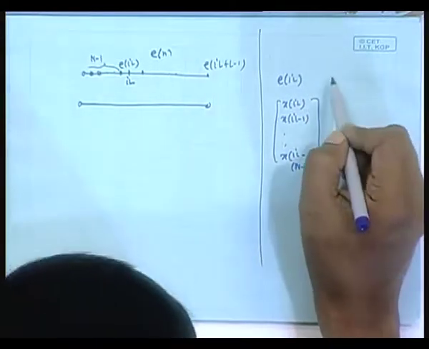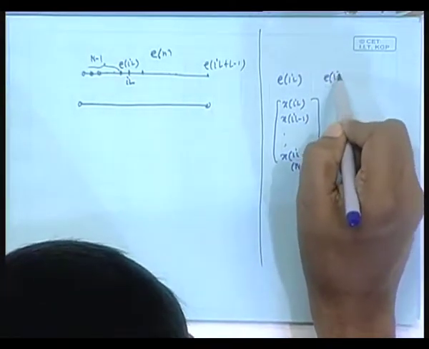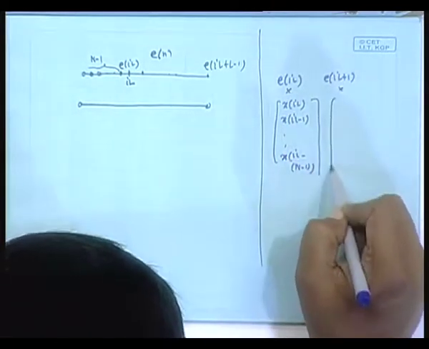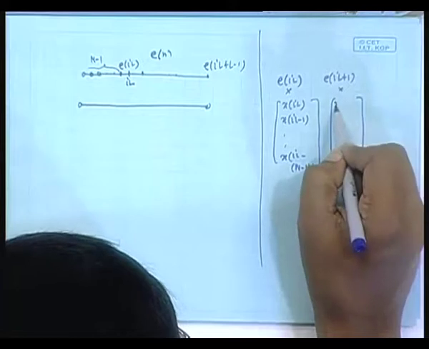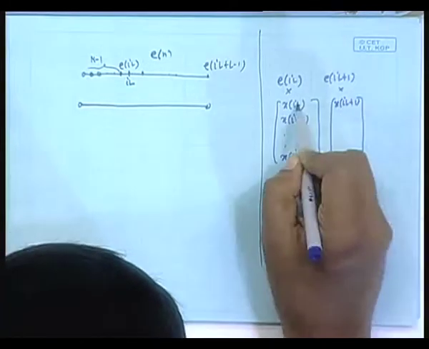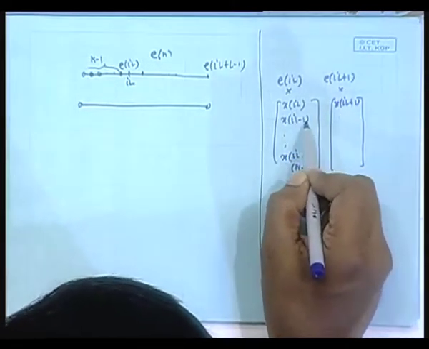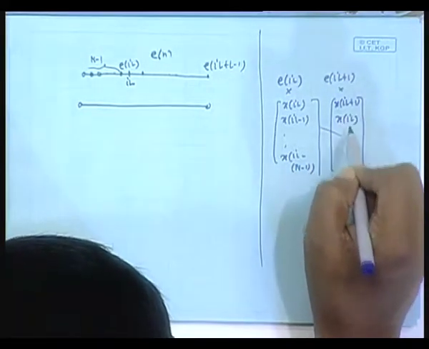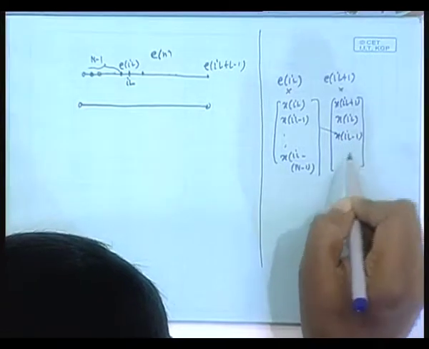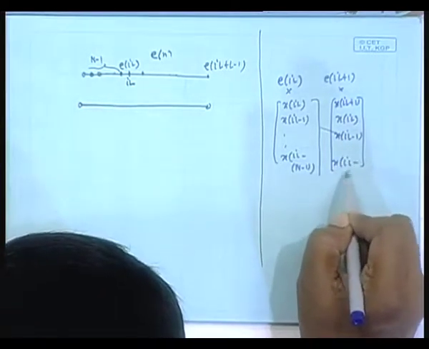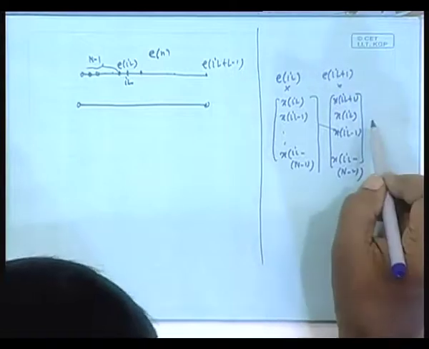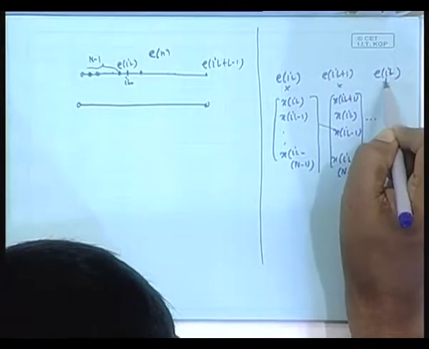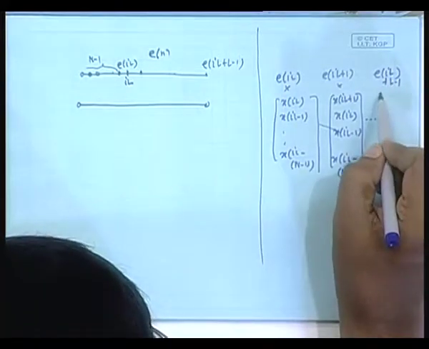Okay. Then EIL plus 1. This is multiplying, this is multiplying, this is multiplying this vector. This is going one further, this is coming down like this. You can see this kind of diagonal movement. Dot dot dot, here it will be again one less, dot dot dot. Finally, EIL plus L minus 1, the last one will be multiplying whom?